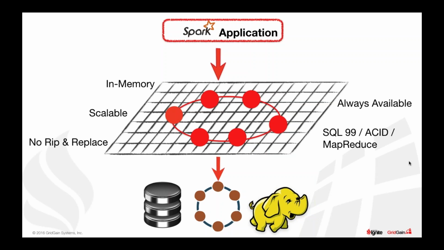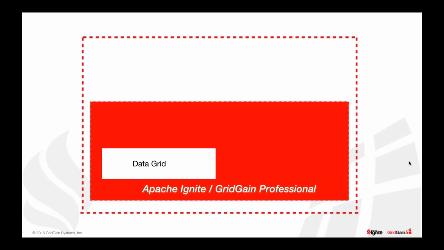What GridGain Enterprise can provide you is a place to pin those RDDs into memory, so it can be reused by various clients in various sessions. So we have a number of customers who are really happy with this, and it actually speeds up their entire data pipeline.